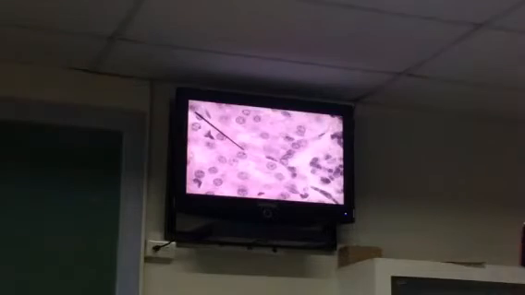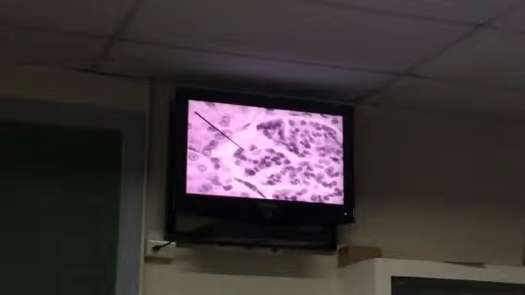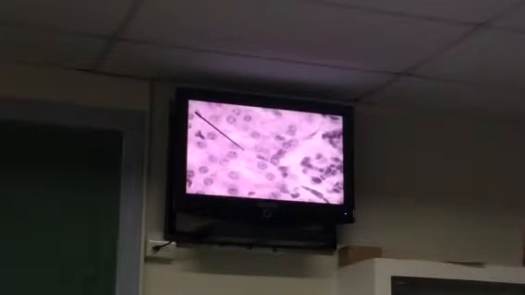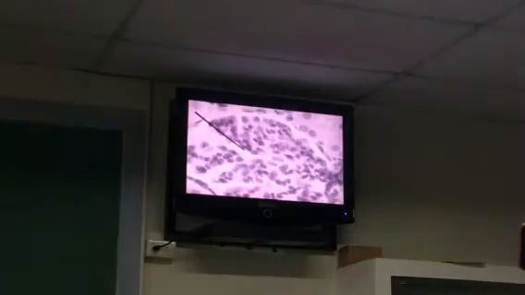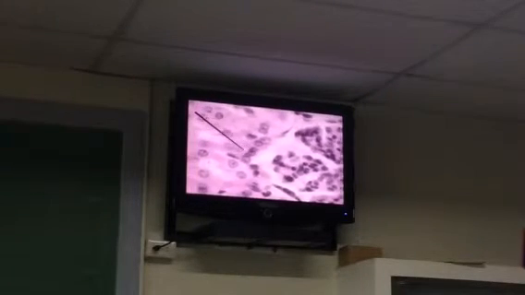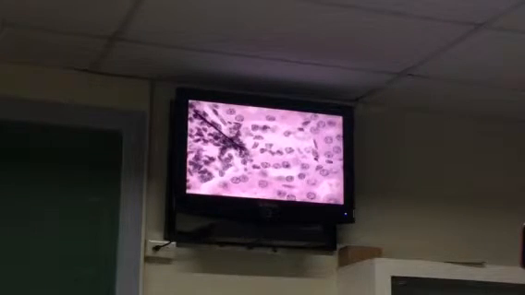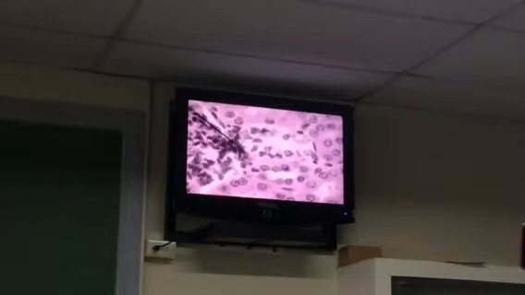I don't want to miss this because this is a nice example of a glomerular or renal corpuscle. So this is the one that filters the blood. The filtrate will go there, and the filtered blood will go back to the circulation via the efferent arteriole. Okay?